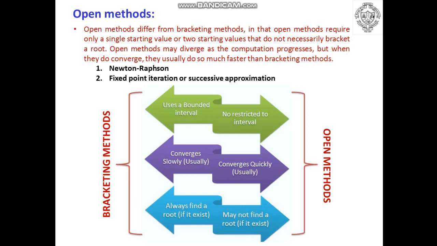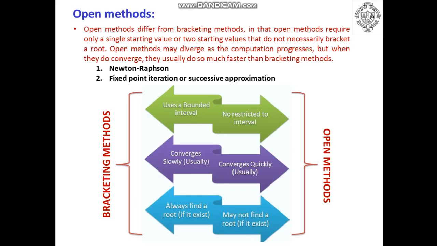Bracketing methods use a bounded interval of two initial guesses. Their convergence rate is usually slower than open methods, and they always find at least a single root if it exists between the two initial guesses.